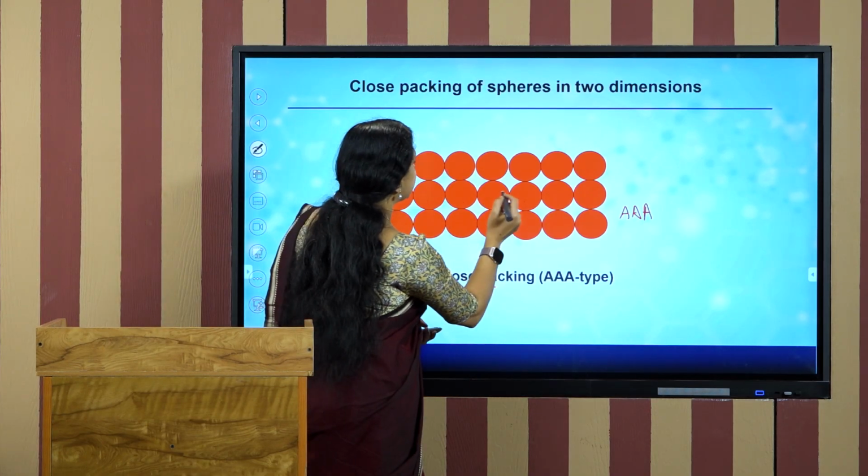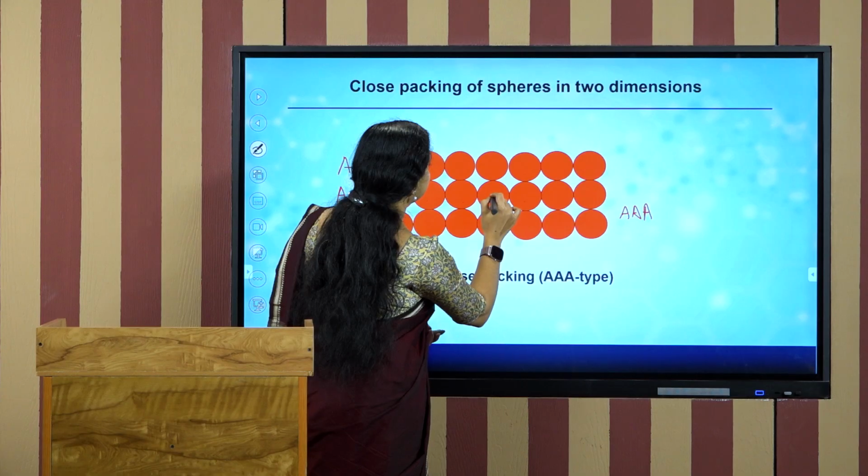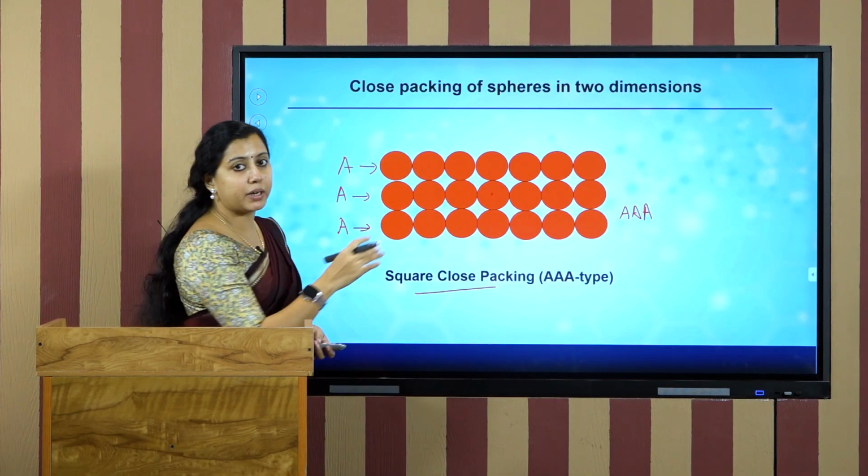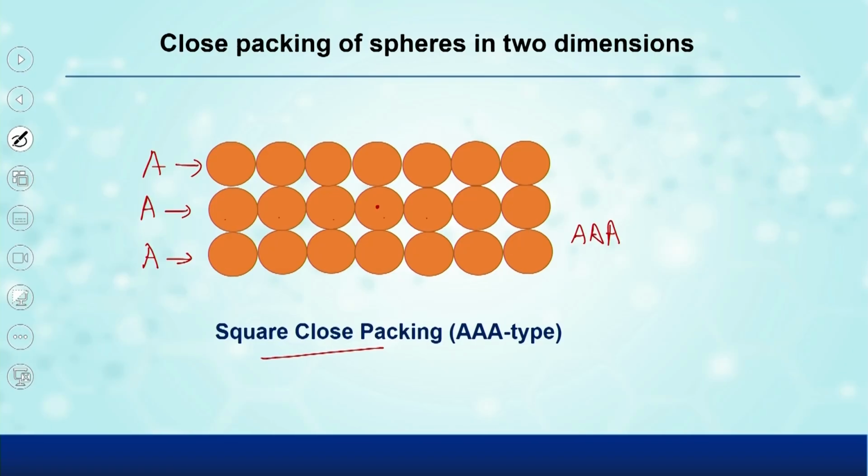Consider a sphere in the middle row, any middle sphere in the middle row. You can see that it is in close contact with 4 other spheres.